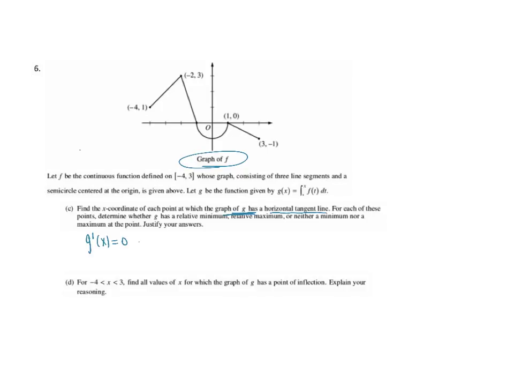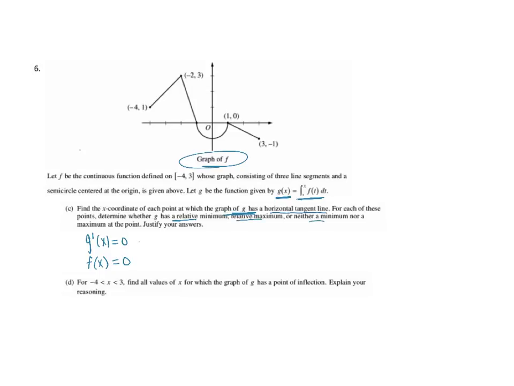Well, how does that relate to what I'm given? Well, look at how G is defined. So that would in turn, if G prime is 0, then that would also mean that f of x is 0.